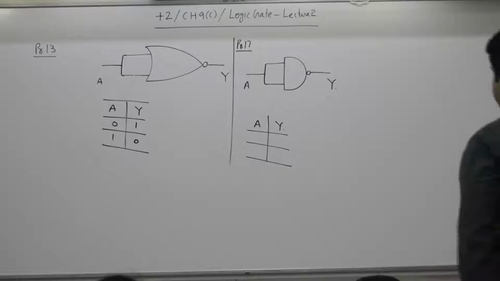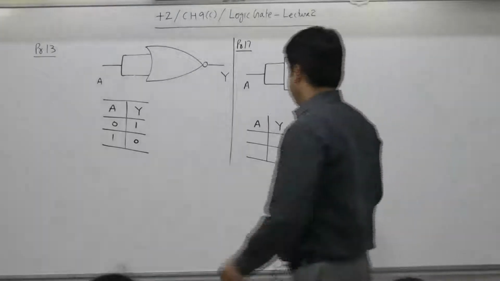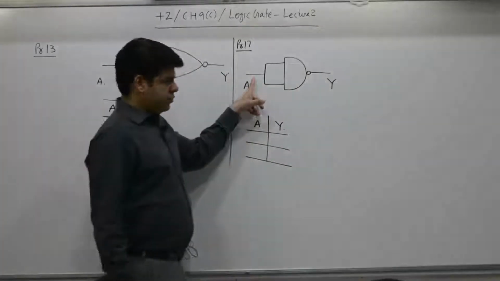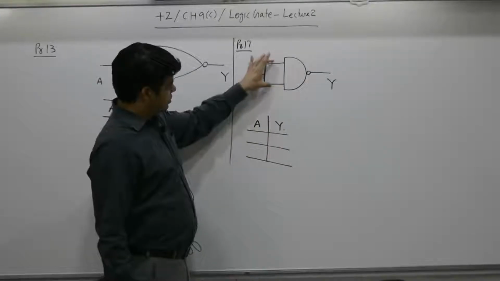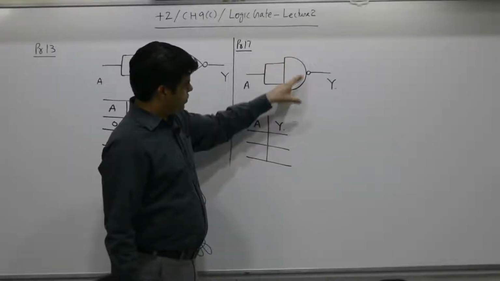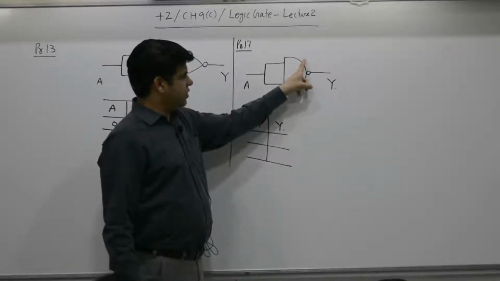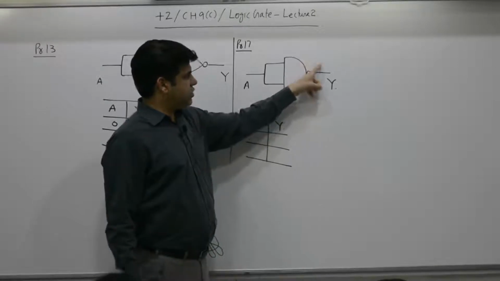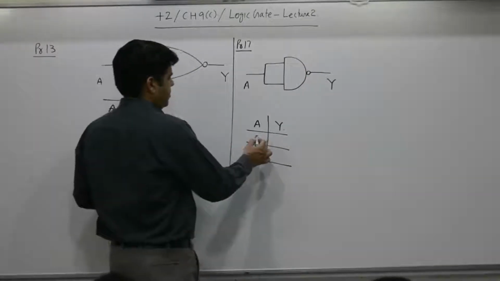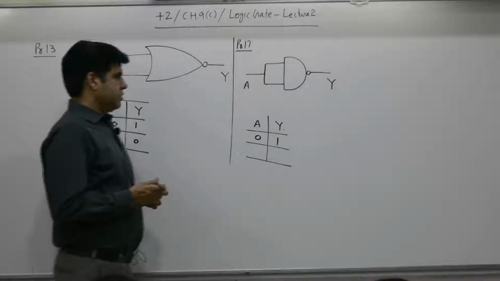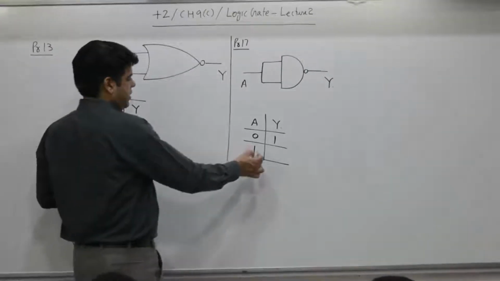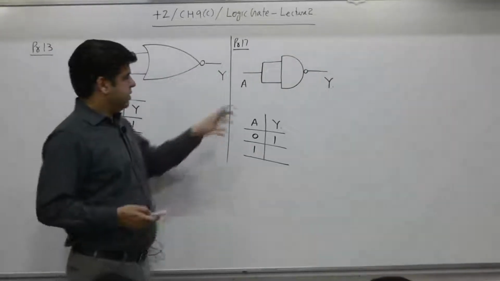Yes. If it is 0, 0, 0 ANDed with 0 is 0. At this point you get 0, then NOT operation, 0 changes to 1. Other possibility: input is 1.